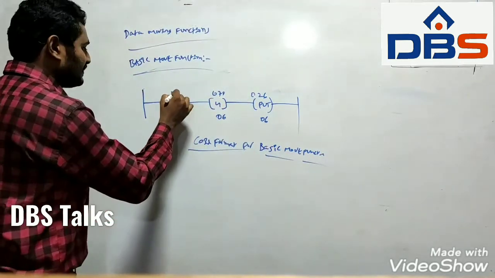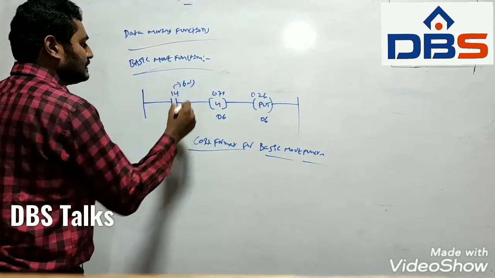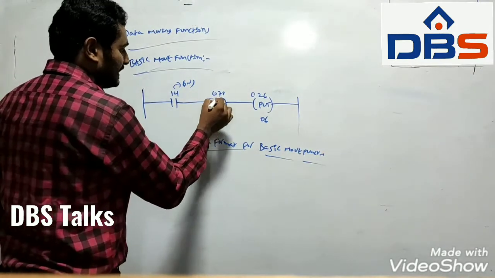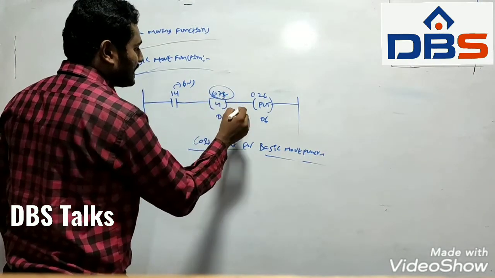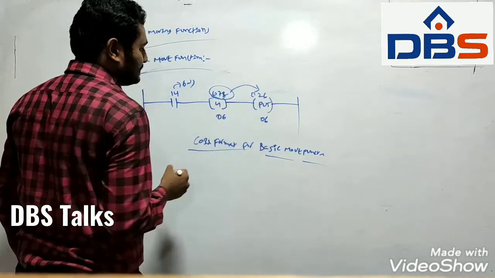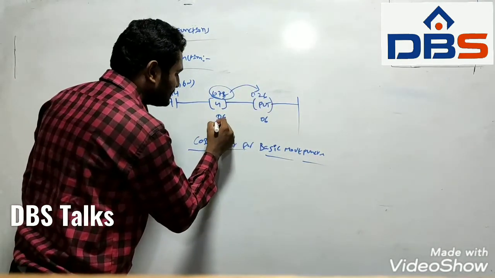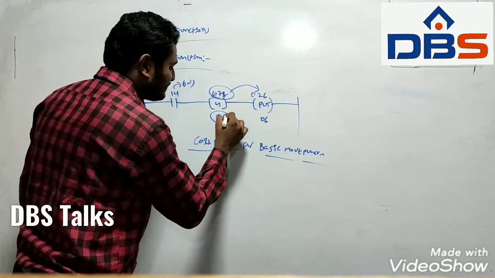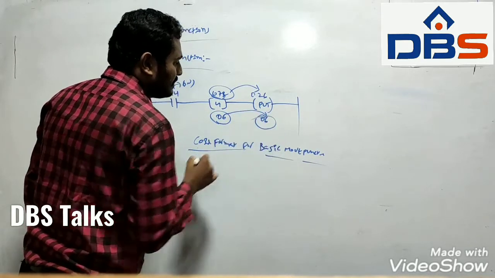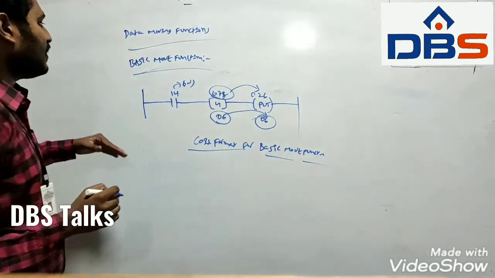Here, if coil 121 is on, the data in the 078 location is duplicated into the 026 location. That means it is effectively transferred from this location to this location. Here we have the 06 value, and this data is moved into this location. So this is the coil format.